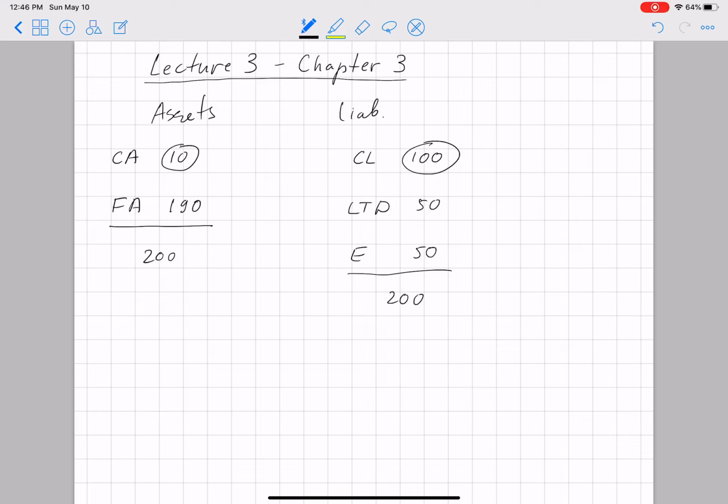Another way to avoid the problematic situation is to try to extend your current liabilities. So what you're going to do, you can borrow short term in order to pay off your previous short-term debt. So you just keep reborrowing. You're revolving your short-term loans. Is it possible? Yes, but it's also quite risky.